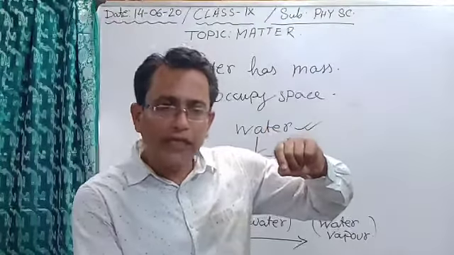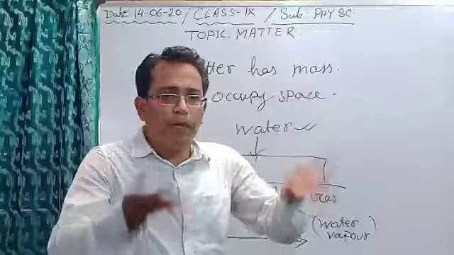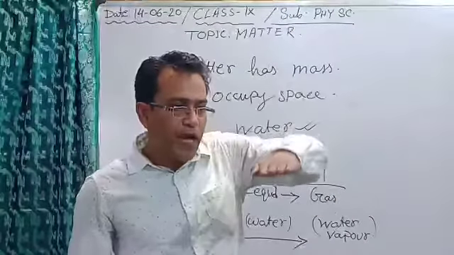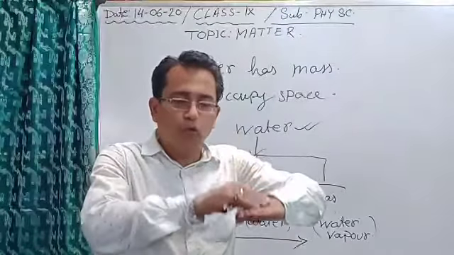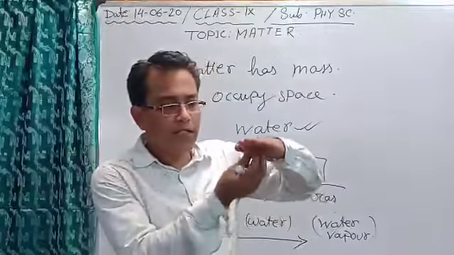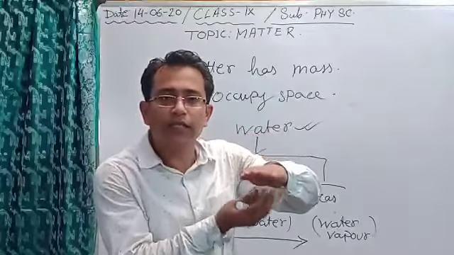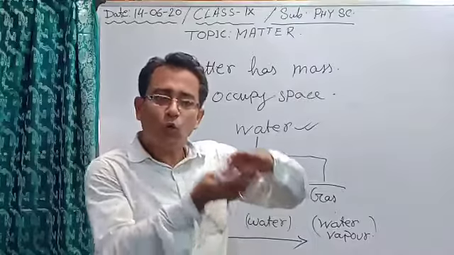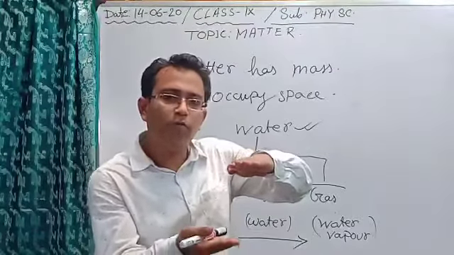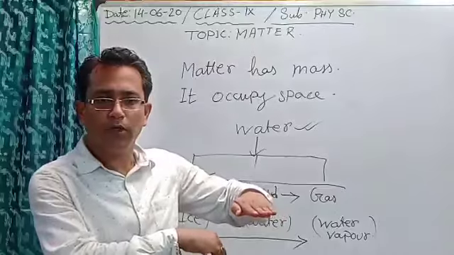When we boiled it, there was water vapor, and after some time, when it cools down, this water vapor starts to condense. This is called condensation. Water vapor, that is gaseous form, turns into liquid form.